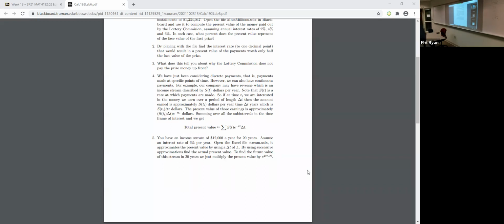So what we discussed on Thursday is that you have an income stream, which we denote by S of t. That is just a flow of money that comes into the coffers over time. If we want to know what that stream is worth, because the income is coming over very many time periods, we've got to bring it back to one time period to compare different income streams.